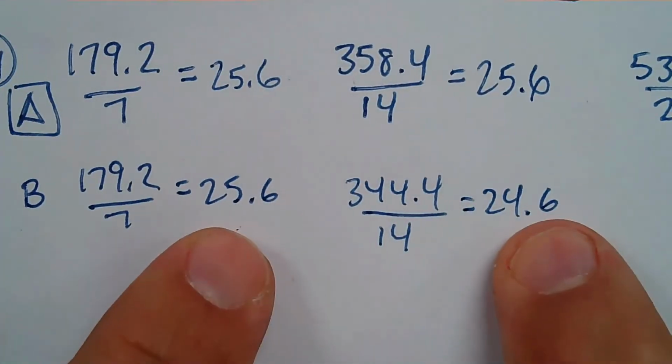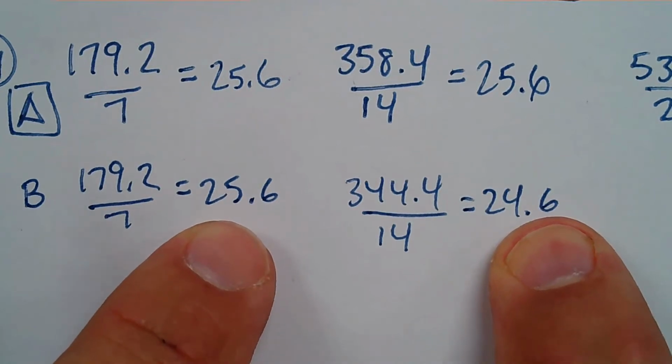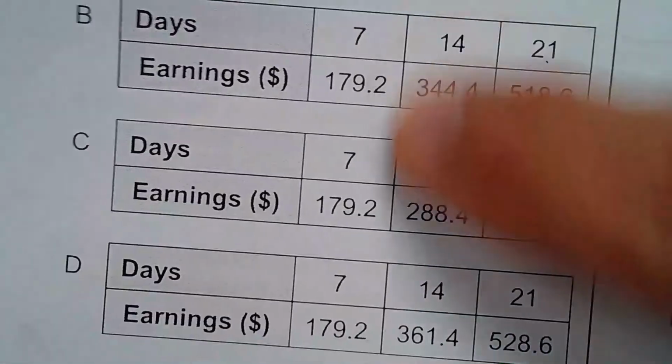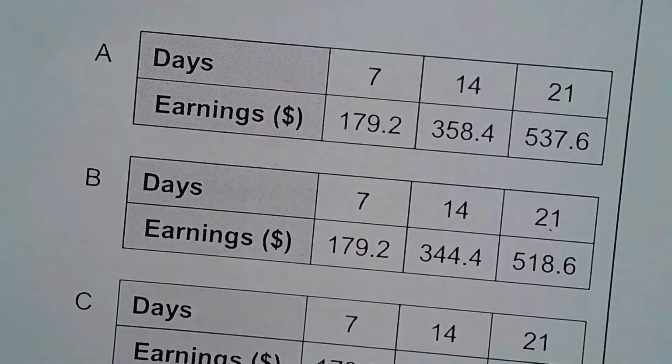The fact that these are not the same number, that's what you're looking for. That B is not the answer. A is the answer. And so if you were working through the whole thing, you would work through y divided by x all the way through.